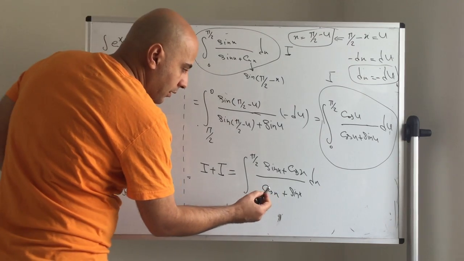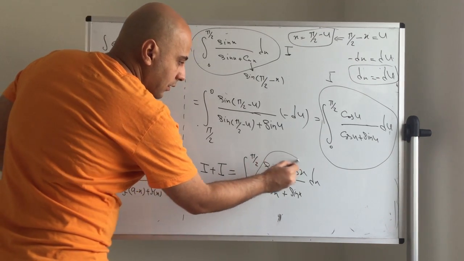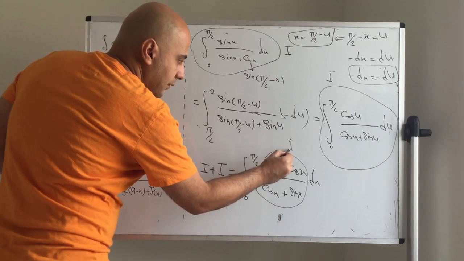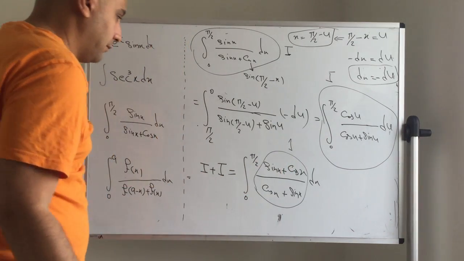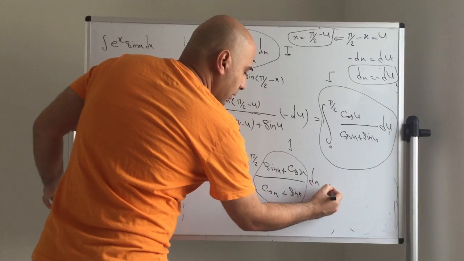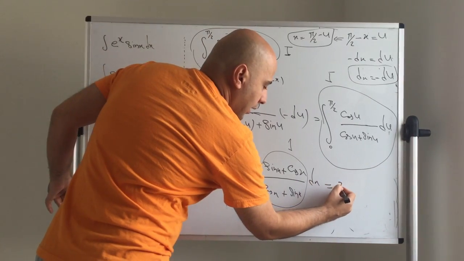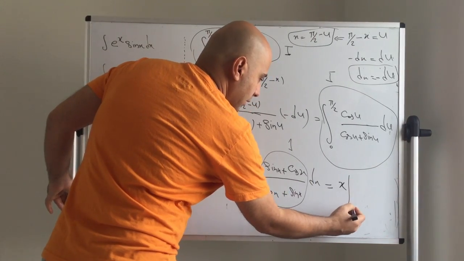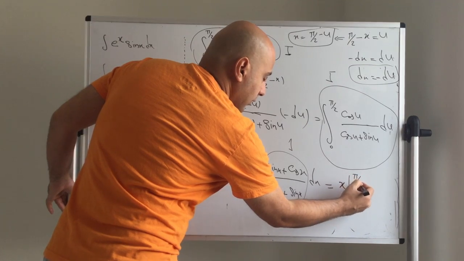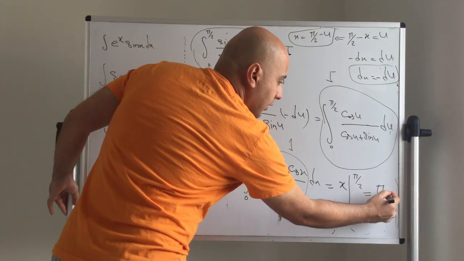So let's see what happens. Okay, this one is 1. So x from 0 to pi over 2 equals pi over 2.